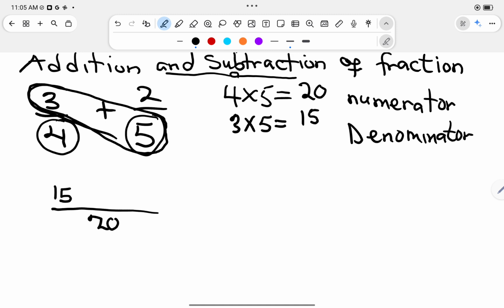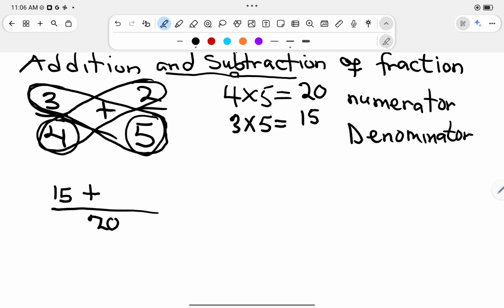And since we have the addition sign in between those two fractions, we are going to put the addition sign here. Now, our next step is to take the numerator of the second fraction and multiply it by the denominator of the first fraction.